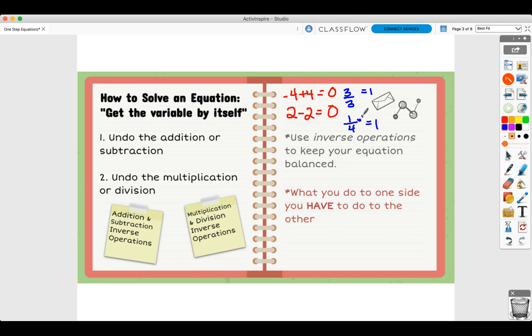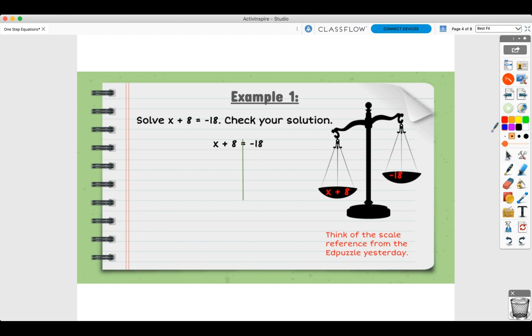You're multiplying by 4, because 1 times 4 is 4, and 4/4 is 1. So these two operations undo each other. That's something you're going to be doing a lot in solving equations. I know it can get a little confusing, but you'll be doing enough practice on this.